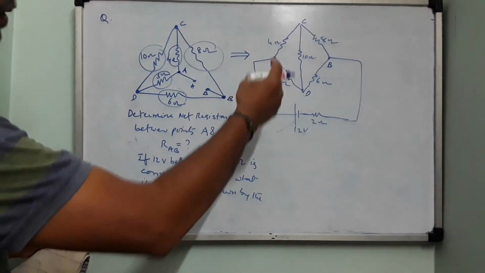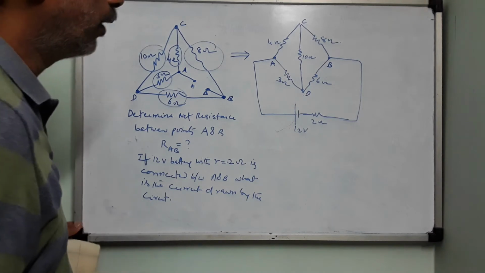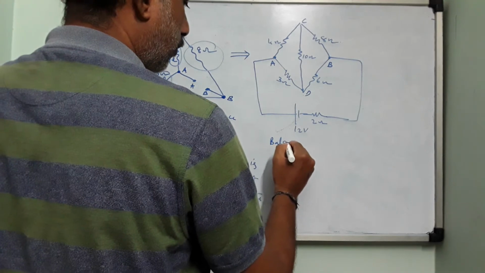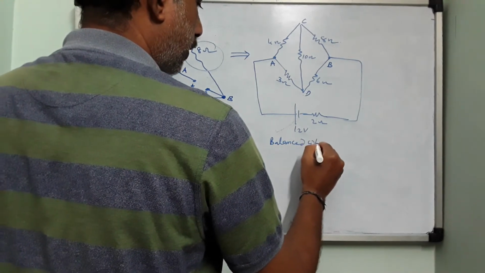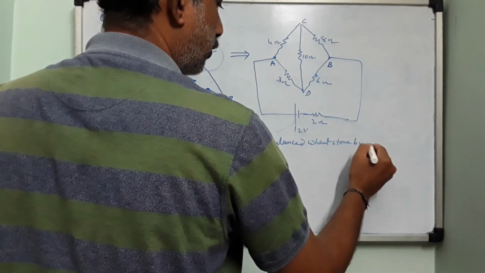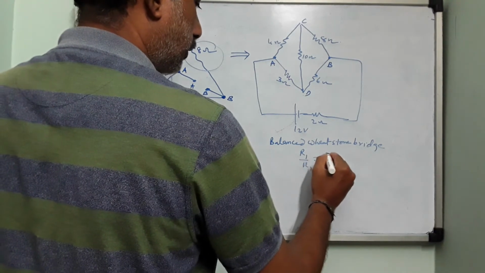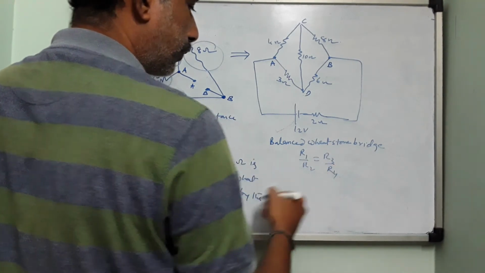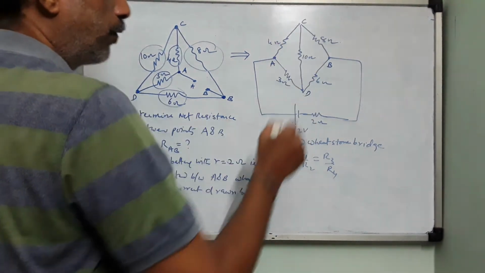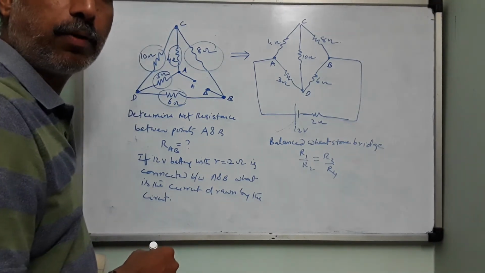Even if you draw this part also, then you have some weightage as per the marking scheme split up. Now for a balanced Wheatstone's bridge, what is the condition? The condition is R1 by R2 equals R3 by R4. When it satisfies this condition, the current through the vertical part where a galvanometer is supposed to be connected will become 0.